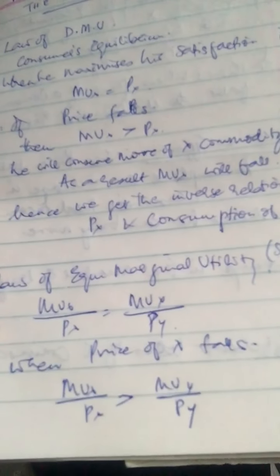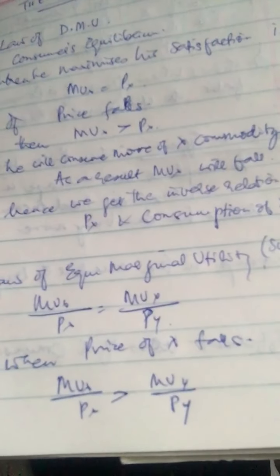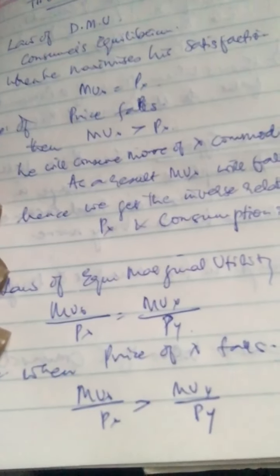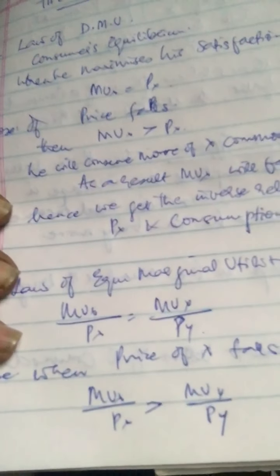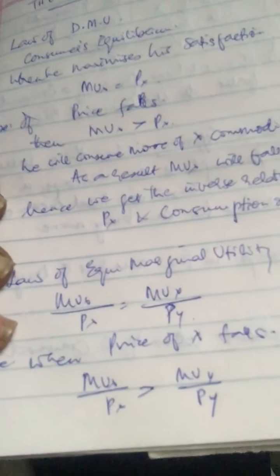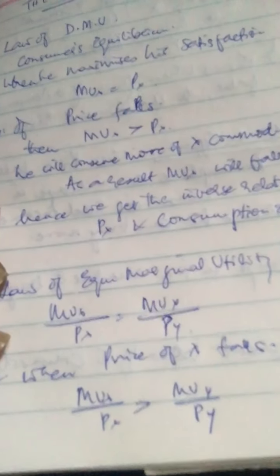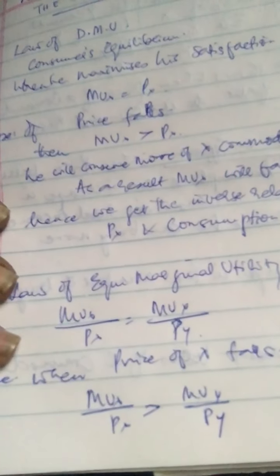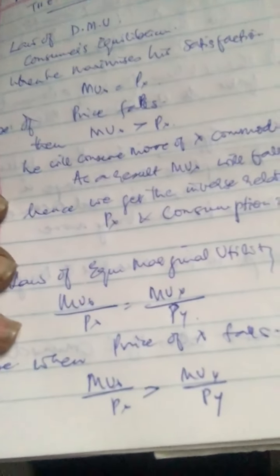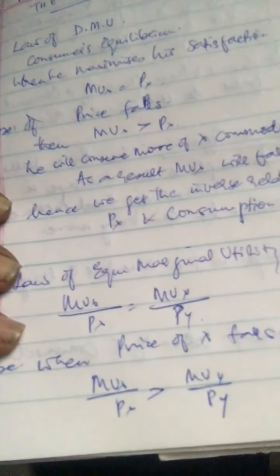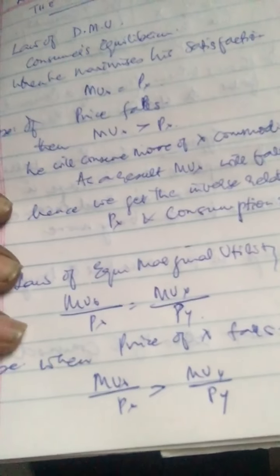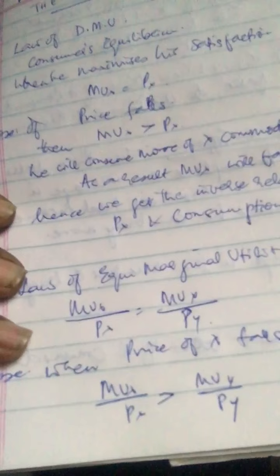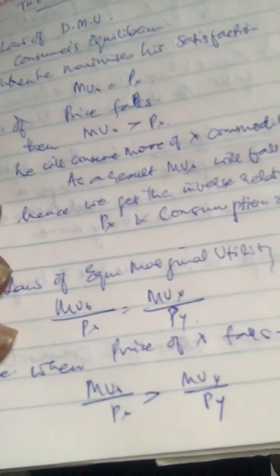That after a fall in the price of X, the MU of the last rupee spent on X becomes greater than the marginal utility of the last rupee spent on Y. So this induces the consumer to buy more of X by transferring expenditure from Y to X. So this shows that when the price of a good falls, its demand rises.